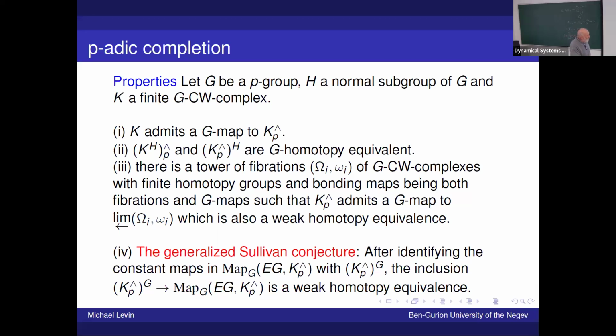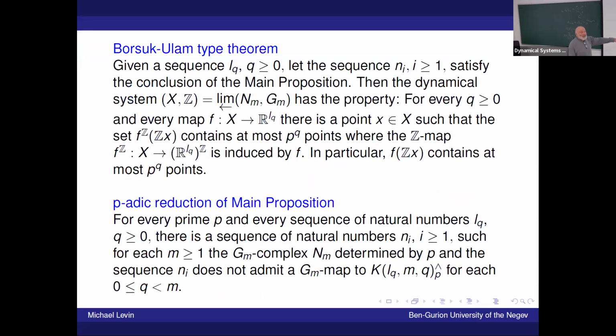So if we are able to construct a sequence of M's having these properties, that each M does not admit a G-map to the K-theory completion, and K admits a G-map to the K-theory completion, we get that there is also no G-map from M to K without the K-theory completion.